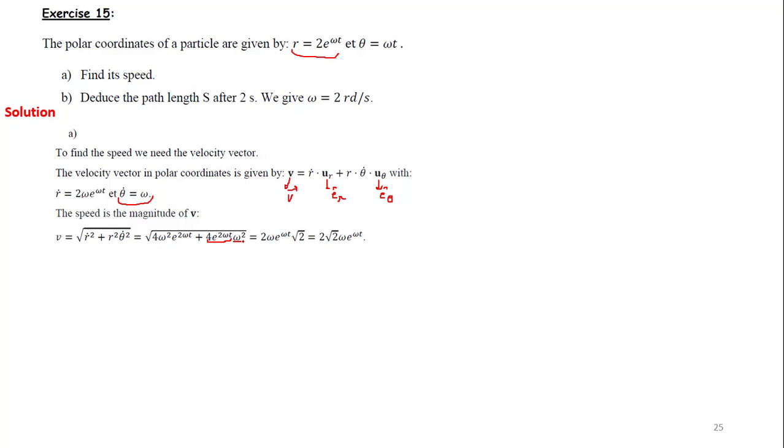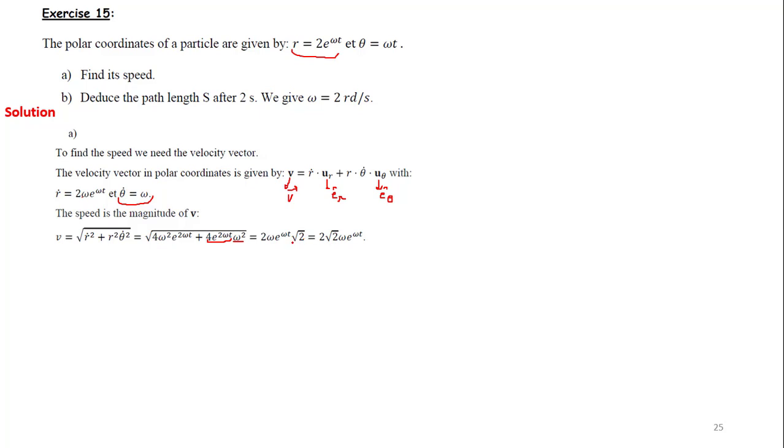And then we can see that here we have the same quantity: ω squared e^(2ωt) multiplied by 4 here and multiplied by 4 here. It means that we have the radical of 8ω² e^(2ωt). And this can be simplified by writing 2ω e^(ωt) radical of 2.